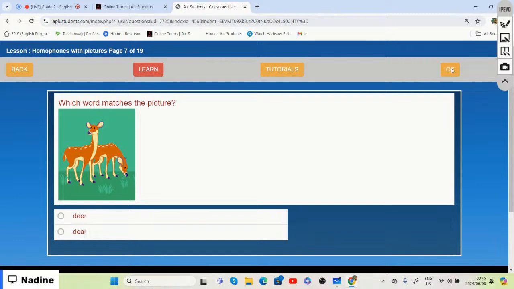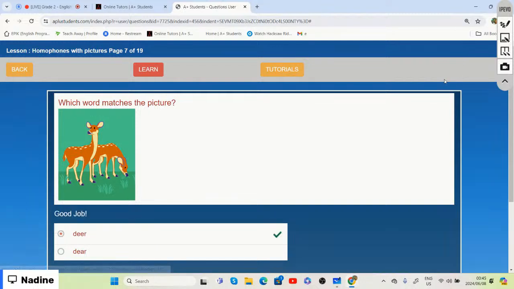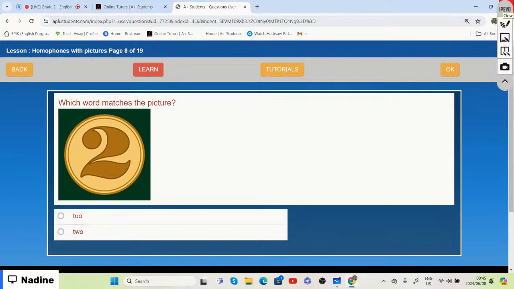All right, so we say that these are deer. And if we match the word with the picture, then we will say the first one is our deer, the first one is an animal. Well done. Now let's go to the next one.